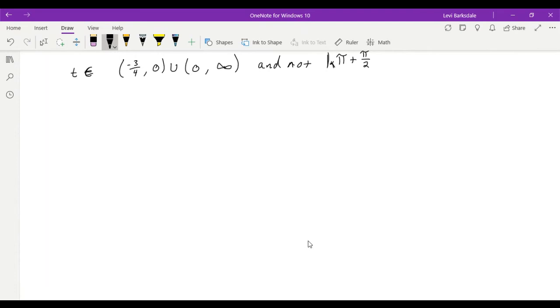Right. I'll go ahead and give you guys a couple of practice problems. Your job here is just to find the domain of these vector-valued functions.